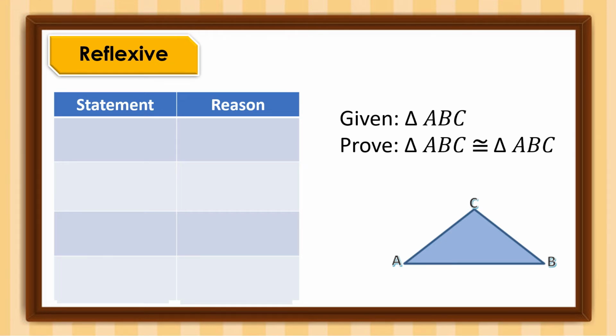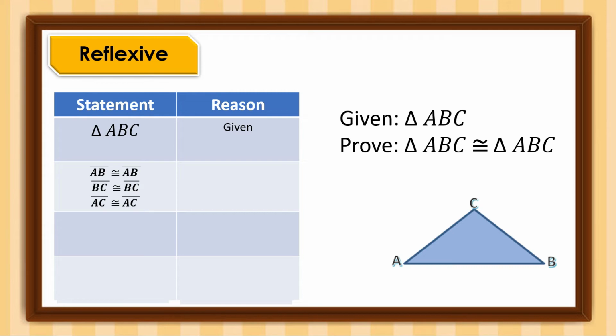When we are proving, we use a 2-column table, wherein one column stands for the statement and the other column is for the reason. So first, we have triangle ABC in the first statement, and its reason is, it is given.